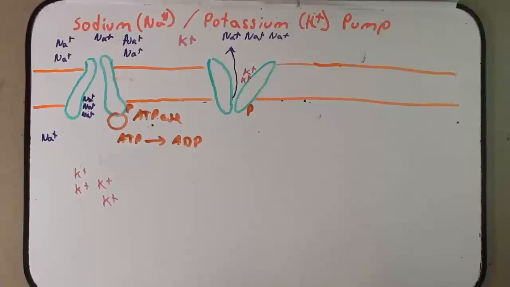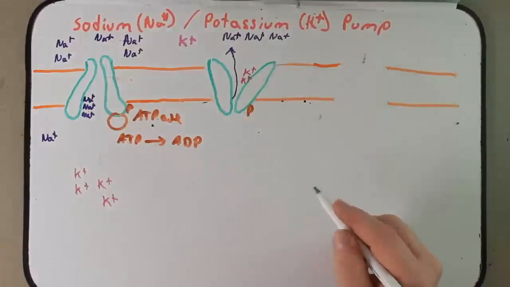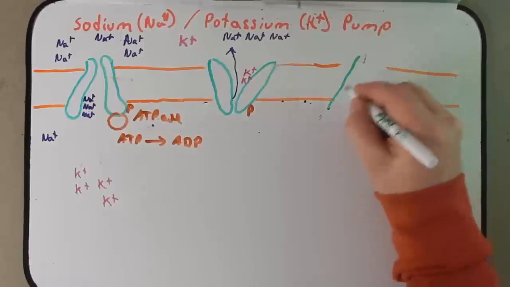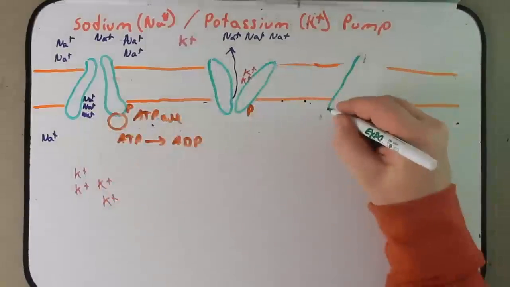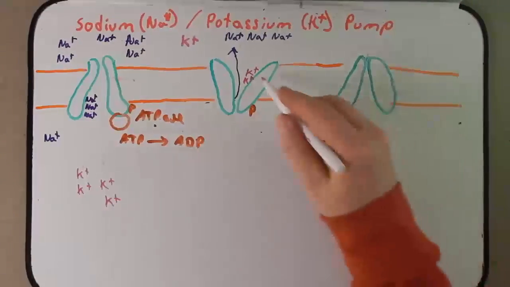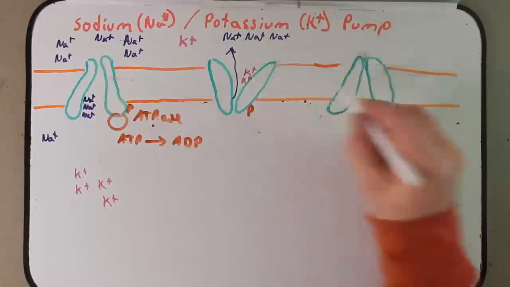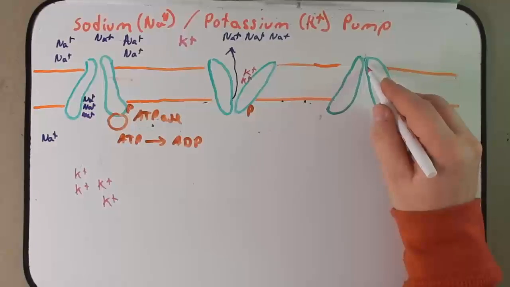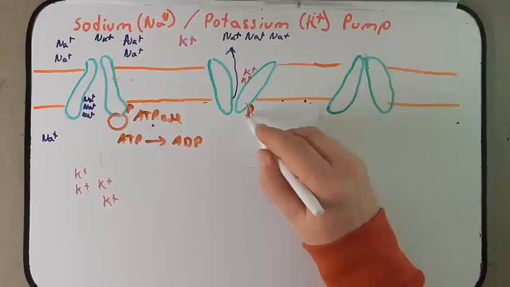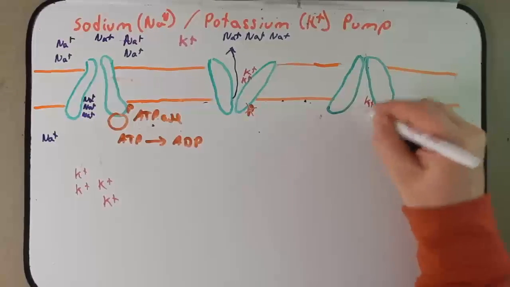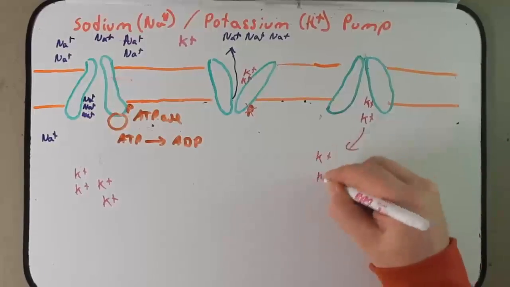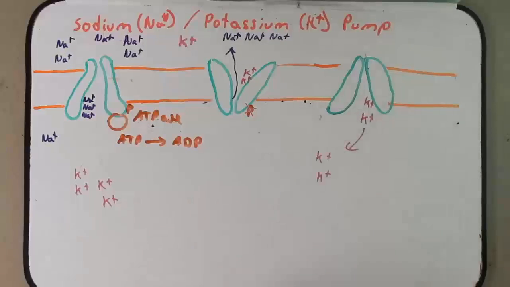And when that phosphate is removed, there is another conformational change that turns the sodium-potassium pump back to its original state, thereby releasing the potassium that were once on the outside, but now because of the conformational change that has occurred because of losing the phosphate, now the potassium can move into the cell, even though there's a high concentration of potassium here.